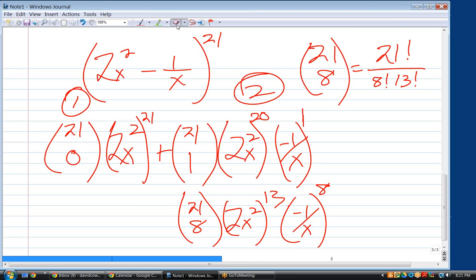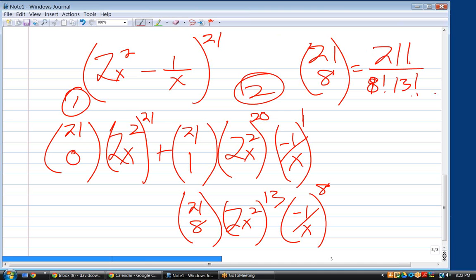No, yeah, the rule is this. The rule is n factorial over, the book shows r factorial times n minus r factorial. And remember, the way to memorize this is there's 2 n's and 2 r's in it. As long as you remember that and you always start on the top with n factorial, you can't really go wrong. So that translates to 21 factorial over 8 factorial times 13 factorial.